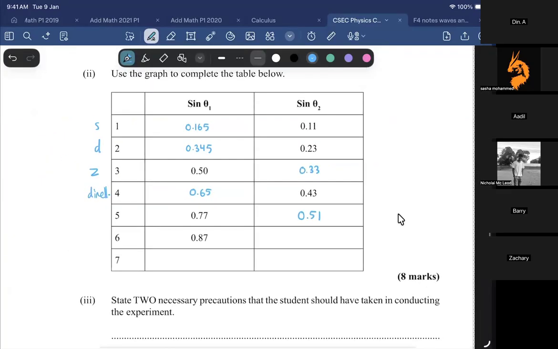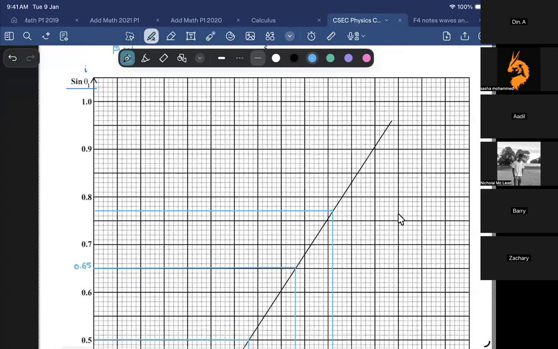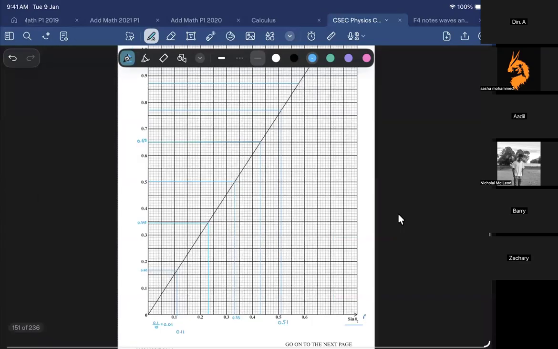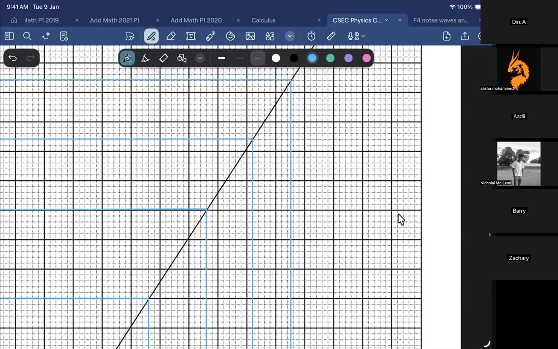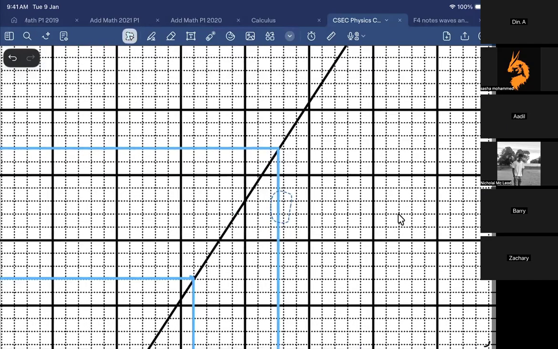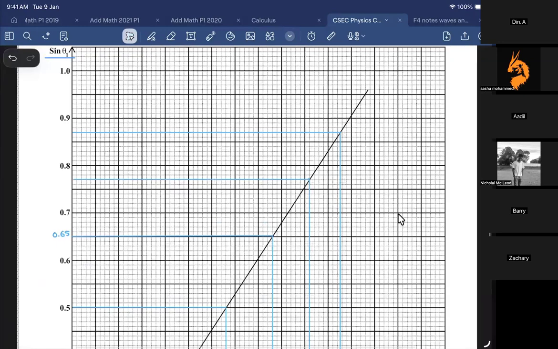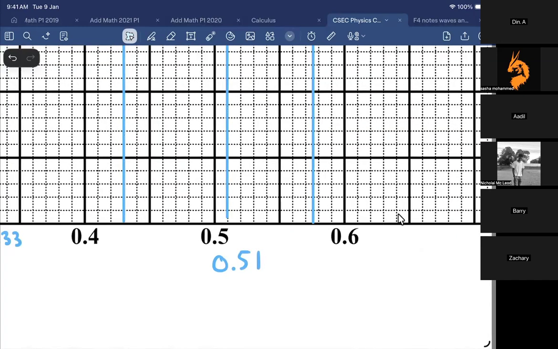Right? 0.87. Let me locate that over here. 0.87 is right here. All right. Sasha, see if you can tell me what value that is.